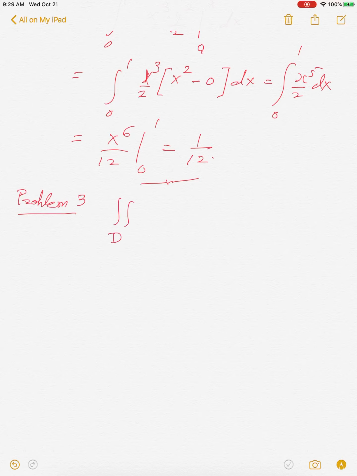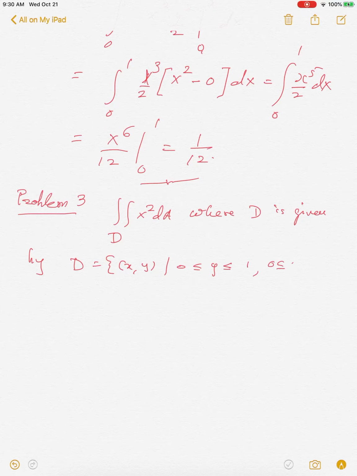So let's calculate the double integral of x squared dA, where D is given by the set of all points (x, y) such that 0 is less than or equal to y less than or equal to 1 and 0 is less than or equal to x less than or equal to y squared.